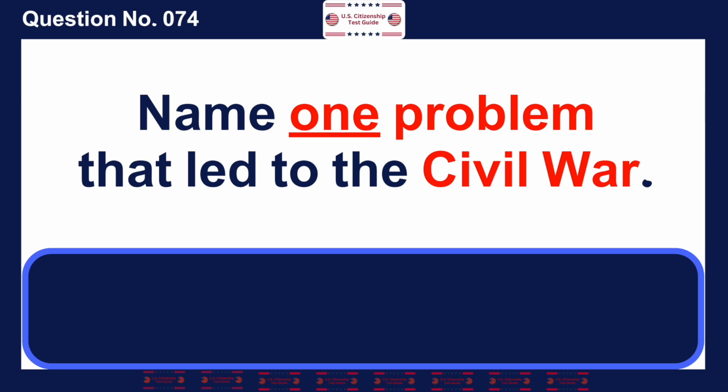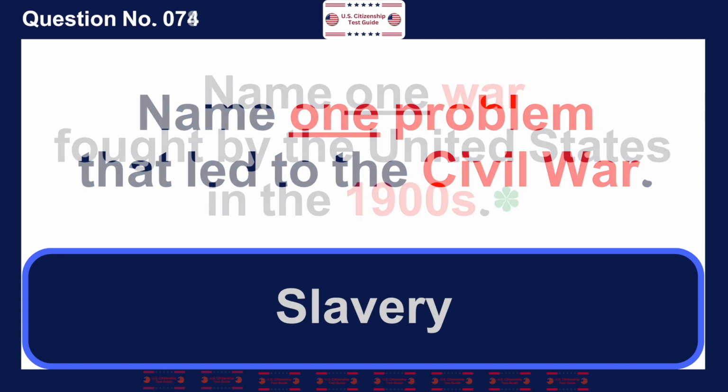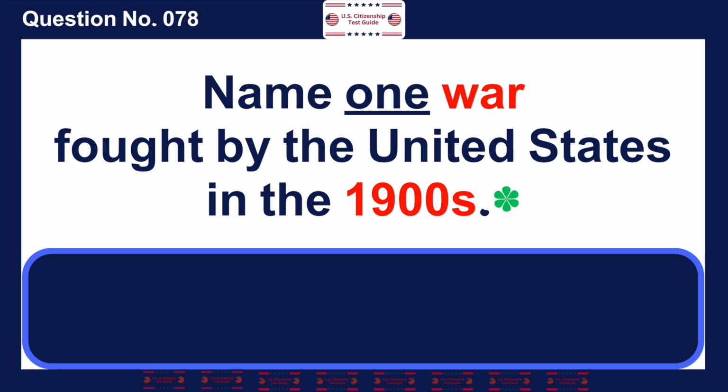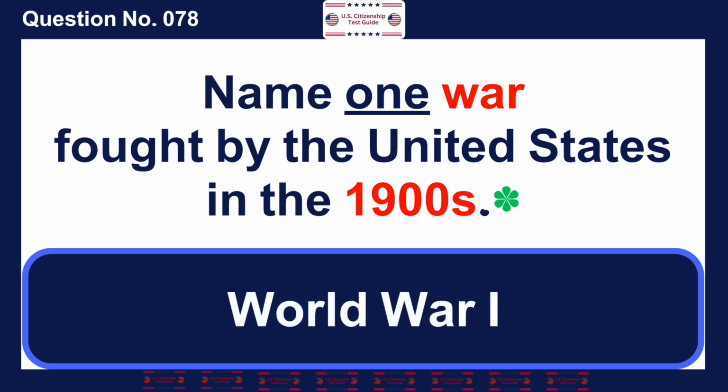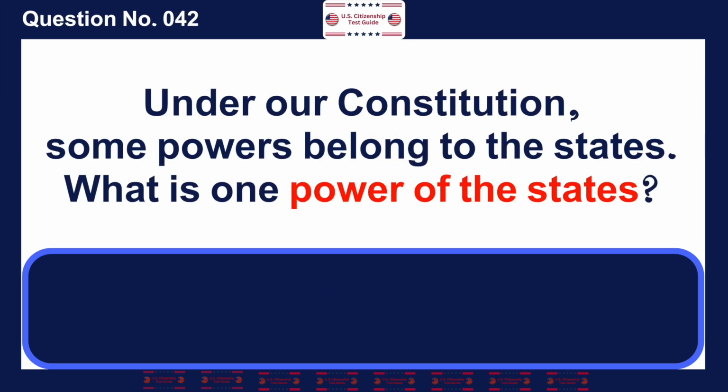Name one problem that led to the Civil War. Slavery. Name one war fought by the United States in the 1900s. World War I. Under our Constitution, some powers belong to the states.